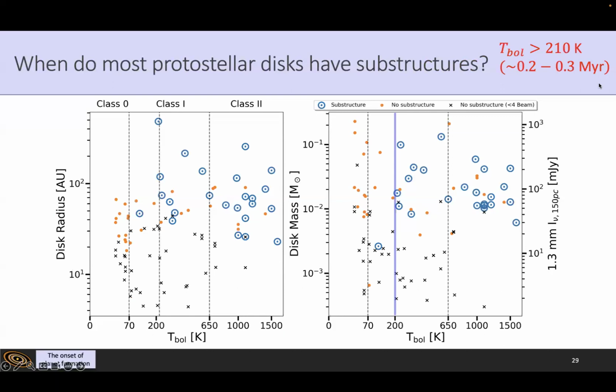So most protostellar disks start to have substructures in early class 1. This is much earlier than what is currently believed. Substructures appear much earlier on, and this shows that both the protostar and the protoplanet are forming and evolving at the same time.